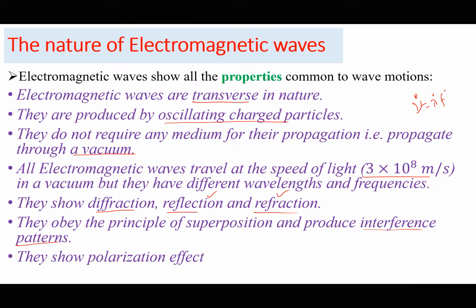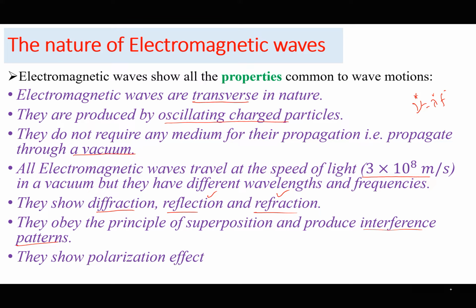Electromagnetic waves show polarization, which is a property unique to transverse waves. We cannot see longitudinal waves showing polarization. We shall explain what we mean by polarization in 7.4 or in lesson 7.